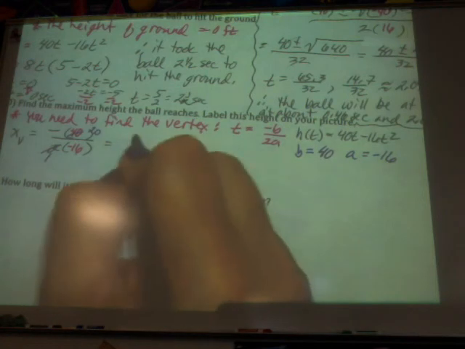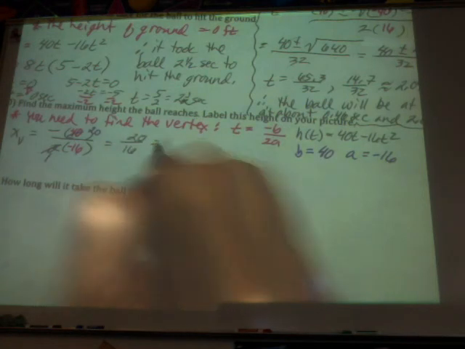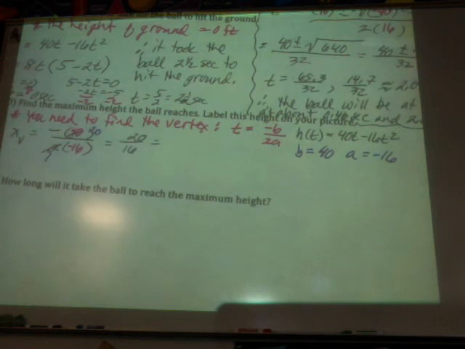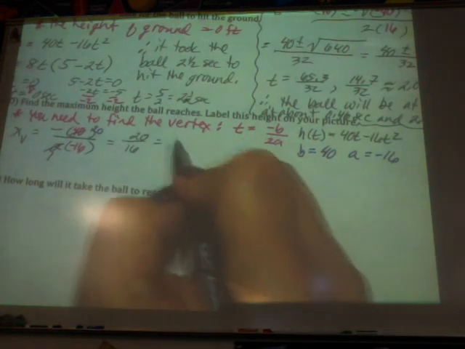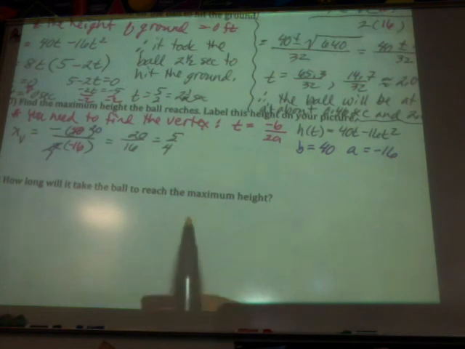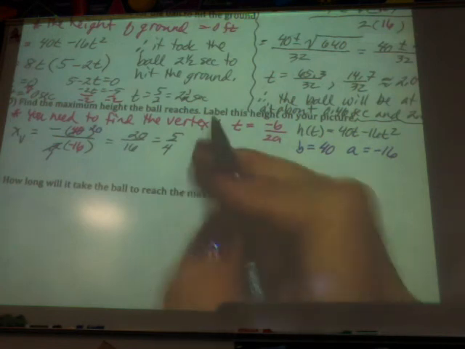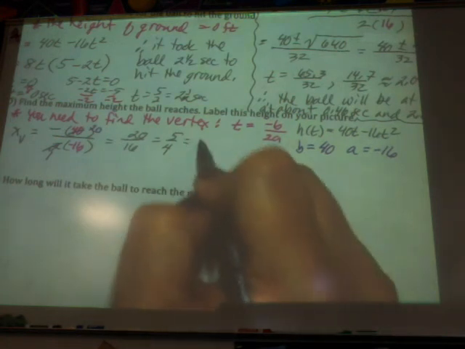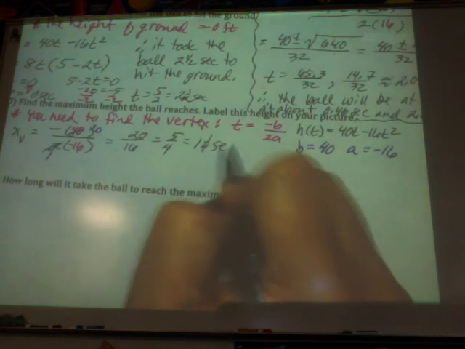So I have a positive 20 over a positive 16, which still reduces. What goes into both 20 and 16? 4. So I have 5 over 4. And mind you, x is that height or is that time? That's time. So this equals 1 1/4 seconds.